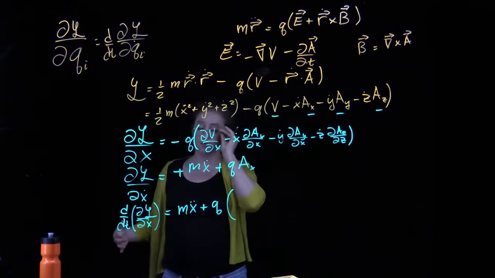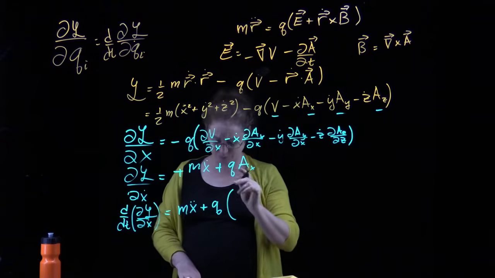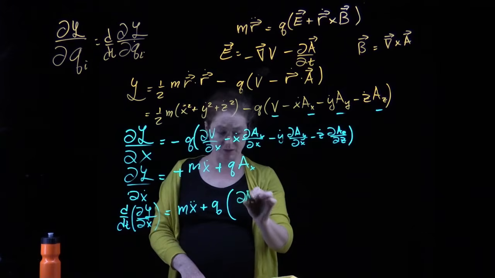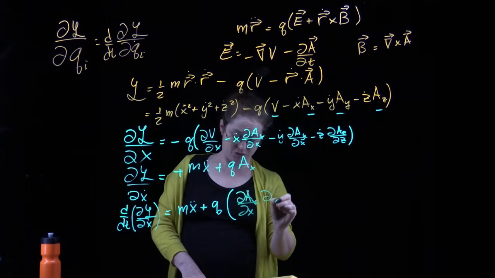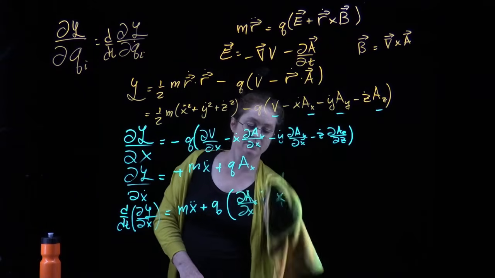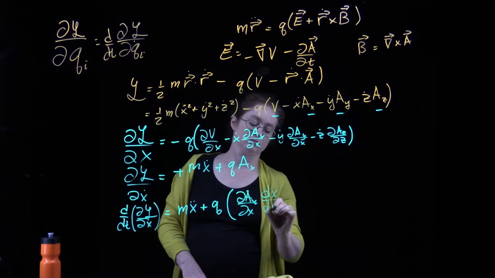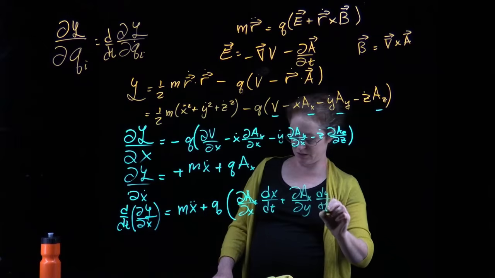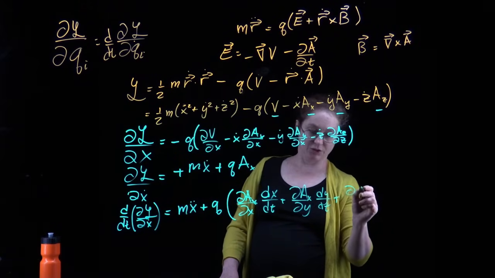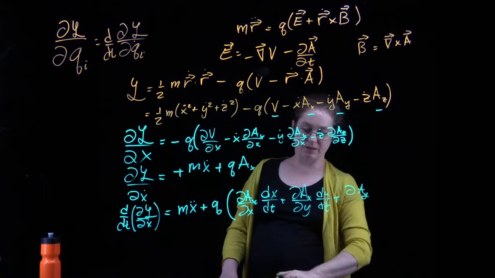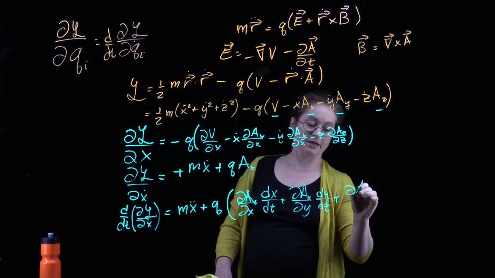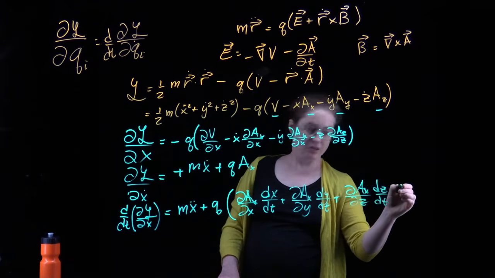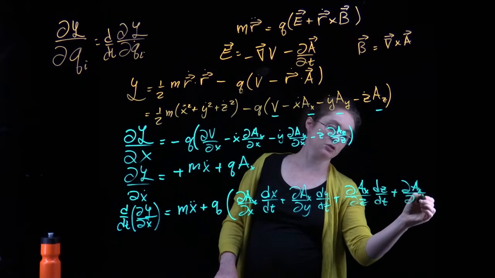So when I take the time derivative of this thing, I have partial Ax partial x, dx dt, plus partial Ax partial y, dy dt, plus partial Ax partial z, dz dt, plus partial Ax partial t.